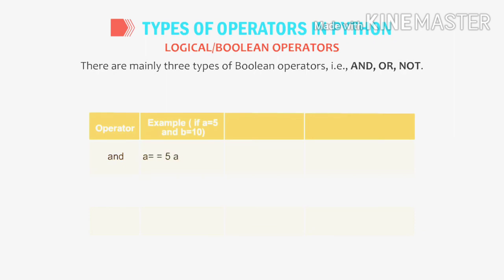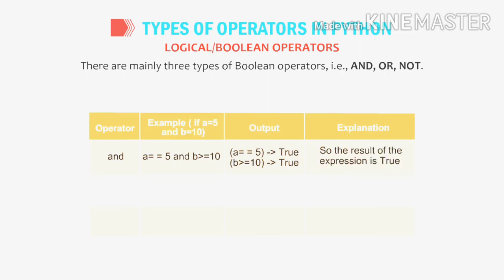See in the example, A equal to 5 and B greater than or equal to A. The output: A equal to 5 is true, B greater than or equal to 10 is also true. So the result of the expression is true because both cases are true.